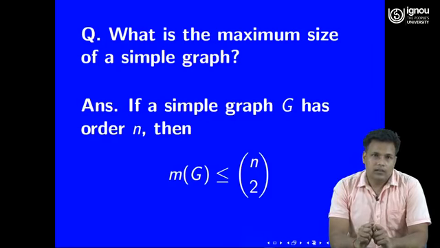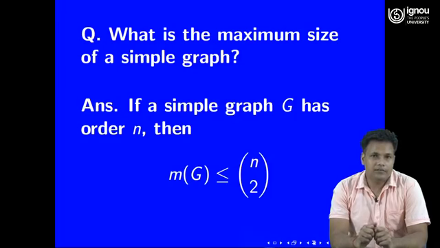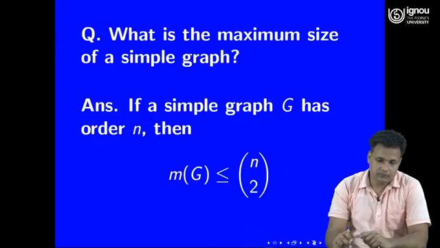Now since there are n choose 2 pairs, that is nC2 pairs, the number of edges in the graph is at most nC2. That is, nC2 is the maximum size of a simple graph having n vertices.